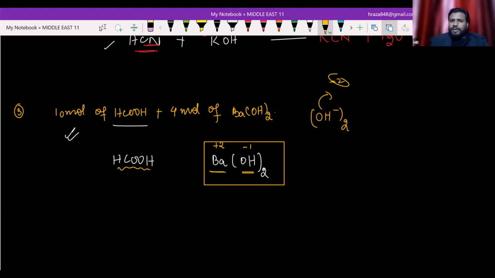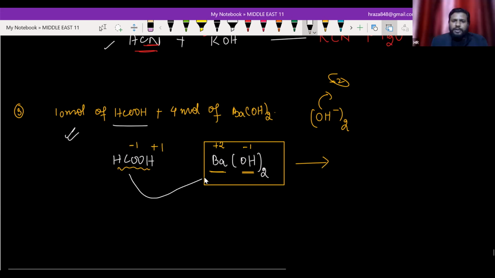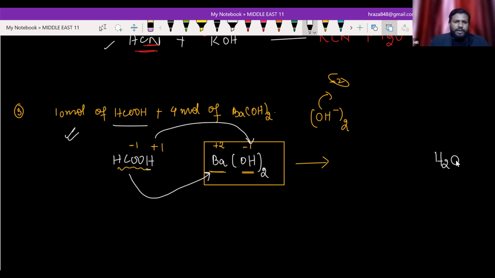And if you are going for HCOOH, that is an acid, it will give H plus, that is +1, and here it will be -1, right? I already told you that minus will go with plus, plus will go with minus, and you can see this is H, this is OH, it will give H2O. Is that clear? Now what I want to say is that magnesium has +2 charge. How do magnesium and chlorine react?